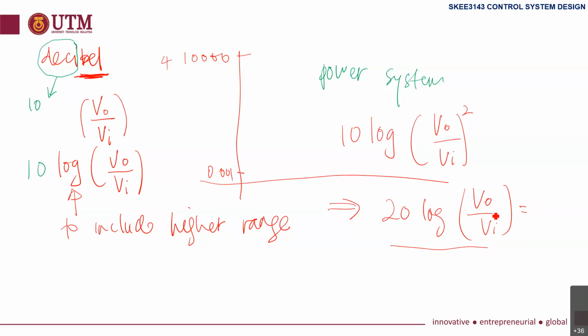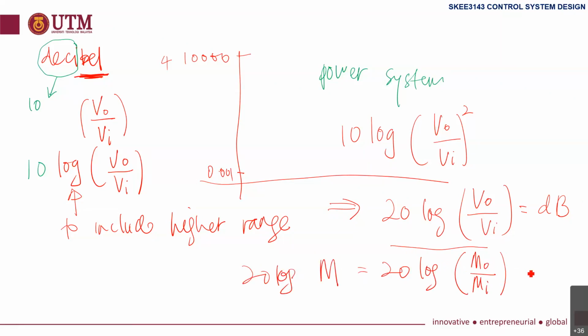In this case, V0 over V in equal to decibel. And the more related one is M output over M input, equal to 20 log M, which is decibel.